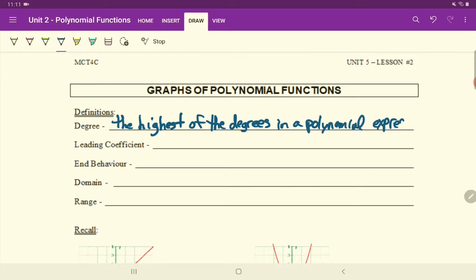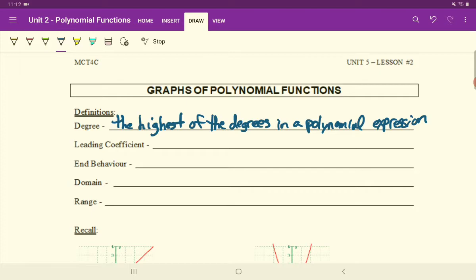Because if there was a zero coefficient, then that degree in that variable would never exist, because it would be 0 times something, which would of course equal 0. So it's the highest of the degrees in a polynomial expression.